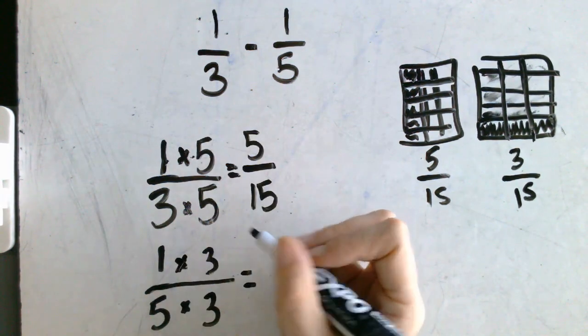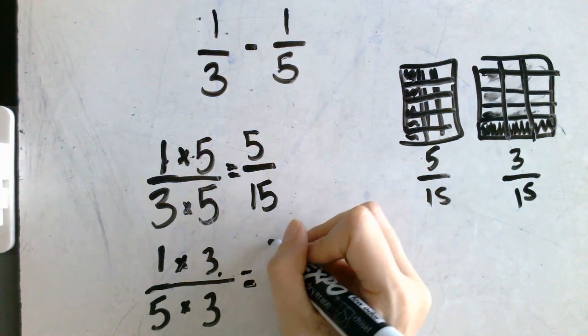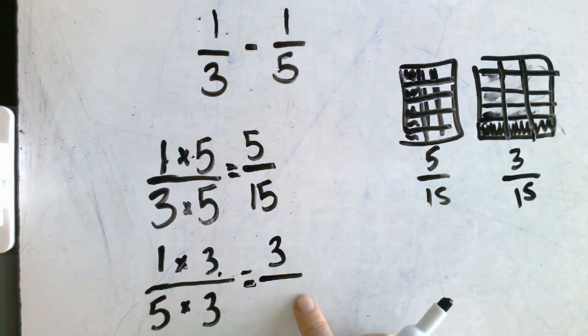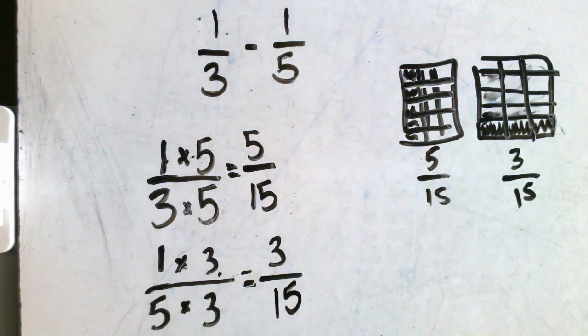Everybody on your fingers, hold up 1 times 3. Good, I should see 3s on your fingers. And what is our denominator going to be? Good, 15, 3 times 5.